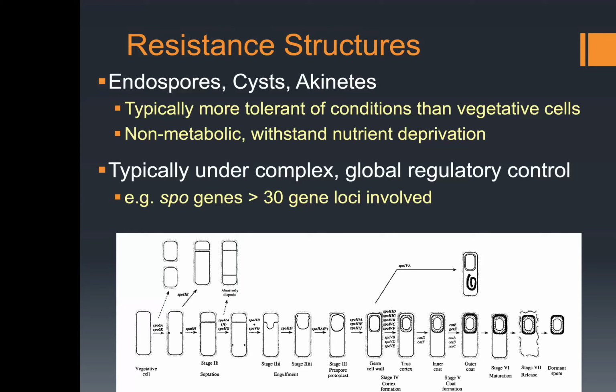You don't need to memorize the details, but essentially, converting from a vegetative cell all the way to the dormancy stage at the right-hand side requires many different steps and is initiated by many different genes being turned on and regulation.